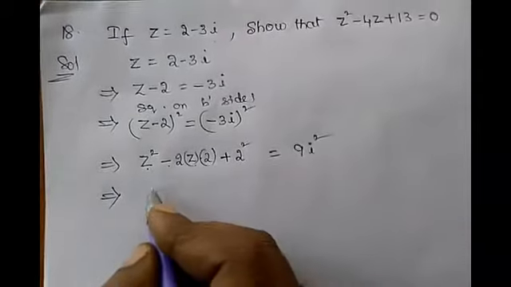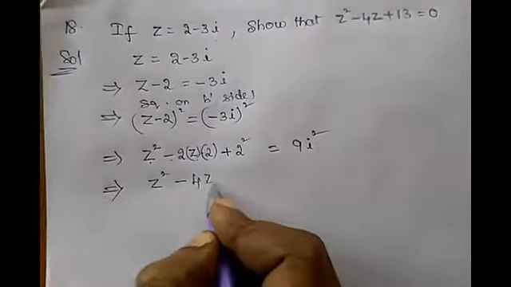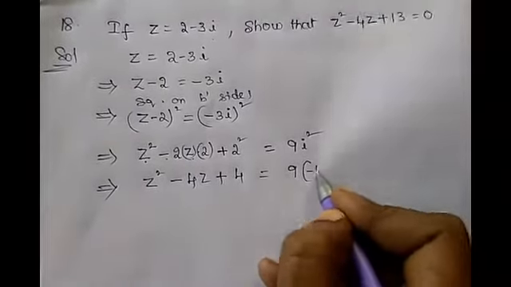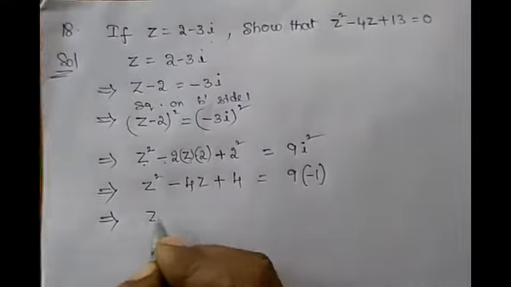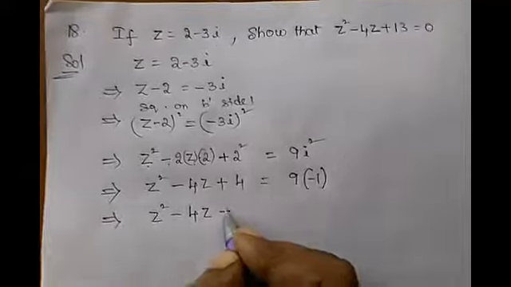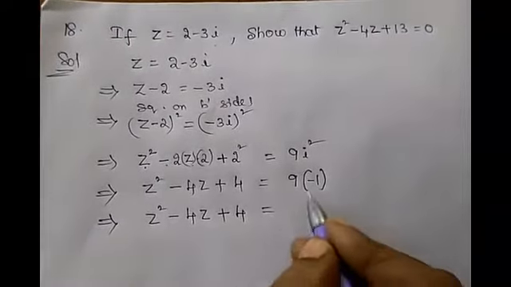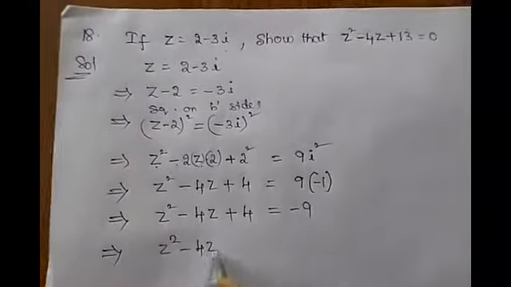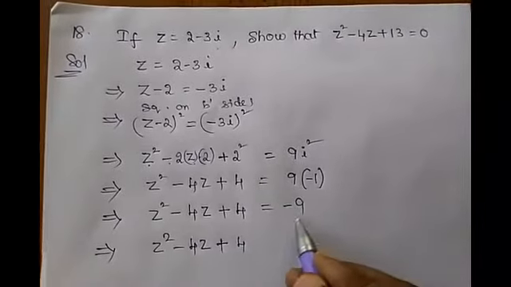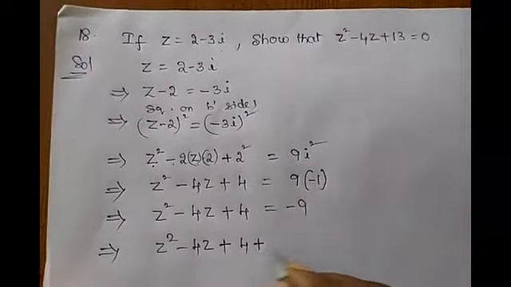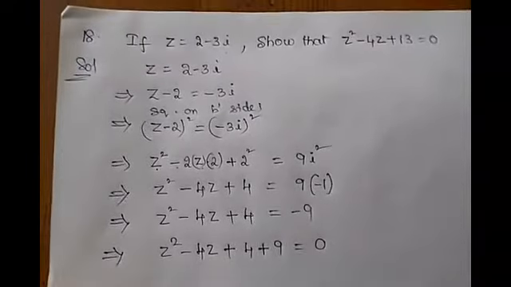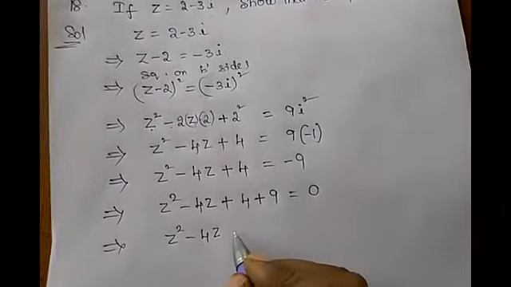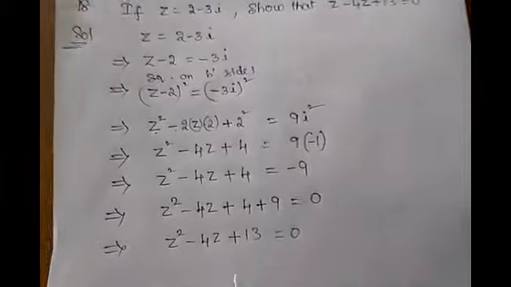Simplify again: z square minus 4z plus 4 equal to 9 into i square, which means minus 1, which implies z square minus 4z plus 4 minus 9 is equal to 0, transposing minus 9 to the left side we get plus 9, which is equal to 0. That implies z square minus 4z plus 4 and plus 9 gives plus 13 equal to 0.